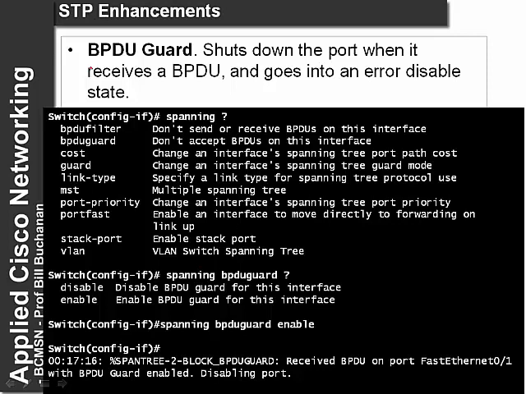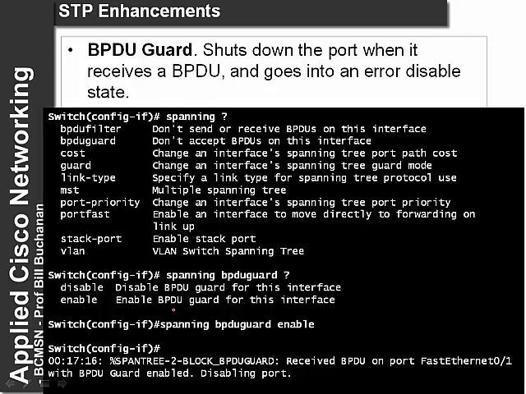There are various enhancements to the STP protocol. One of them is BPDU guard, and that is to stop an intruder from injecting BPDU packets into the network and to obviously cause disruption.